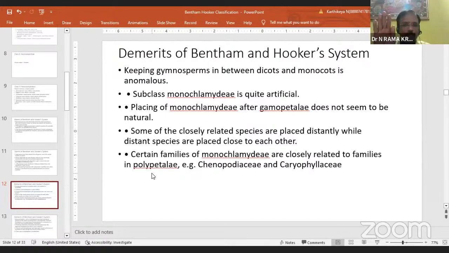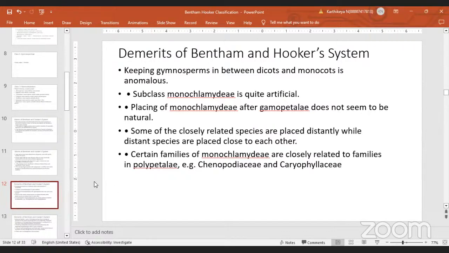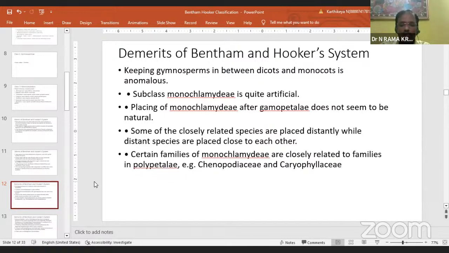See, here we are looking at Monochlamydeae, and here we are looking at Polypetalae. The characters are very close, but what happened? The place is given in dicots, and this place is given to the monochlamydeae. For example, here we shall give two examples. The classification is based on a single, mostly artificial character.